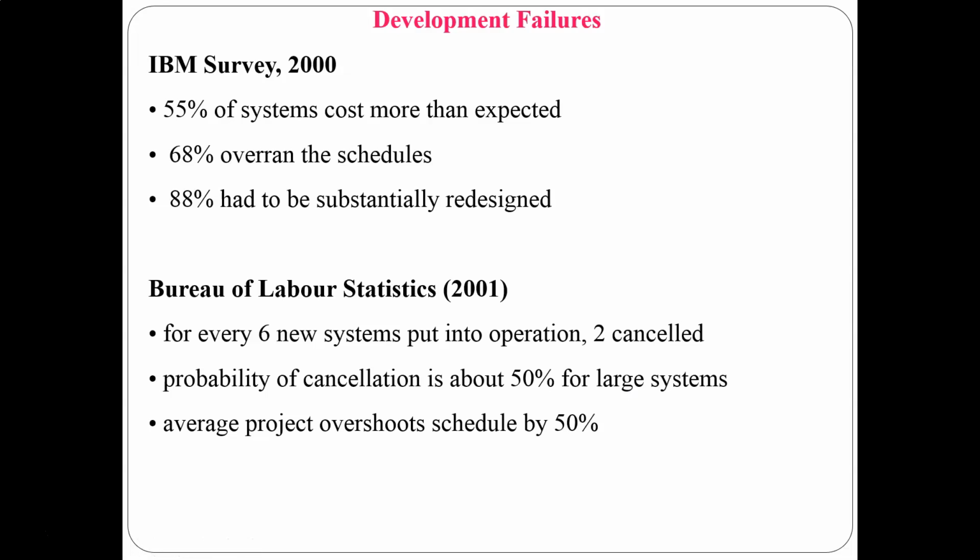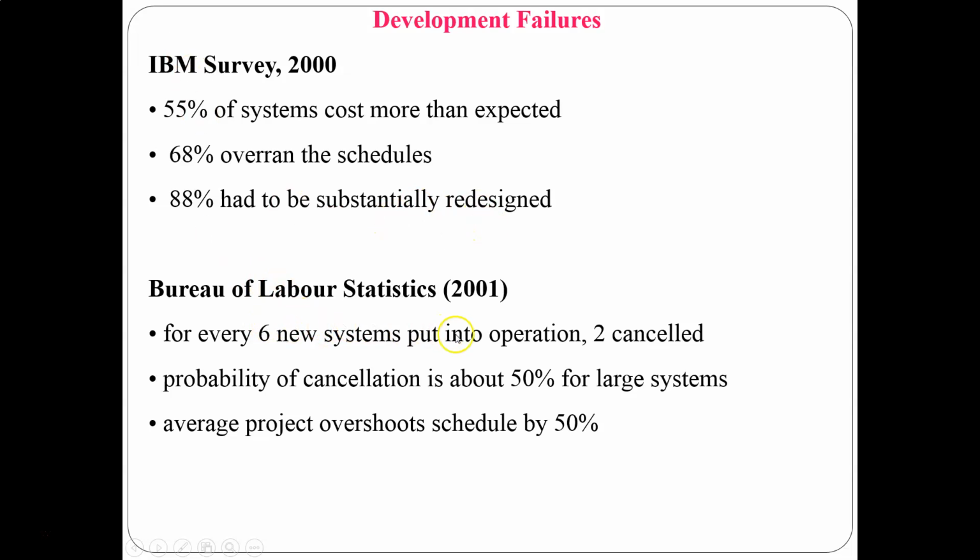These are some surveys to find the reasons for software failures. IBM's survey in 2000 found 55% of systems cost more than expected. The reason is more cost. And 68% were over schedule, 88% needed redesign.